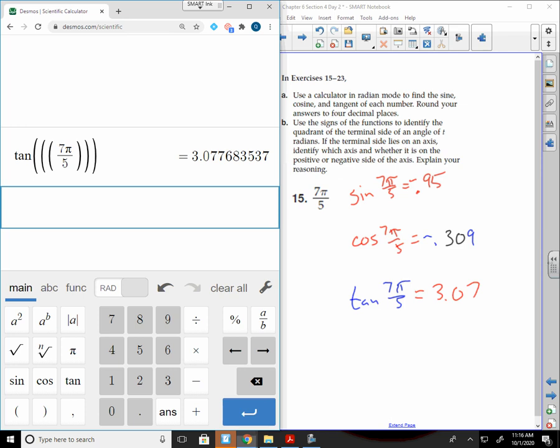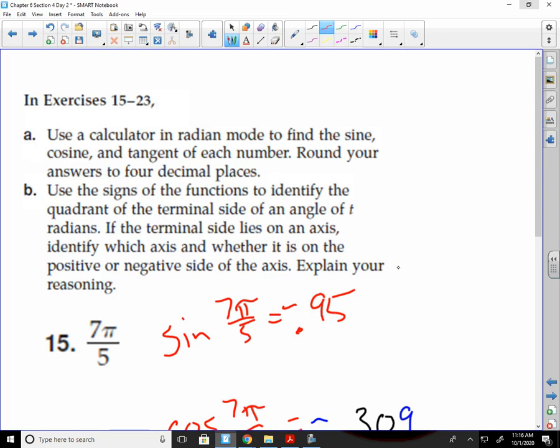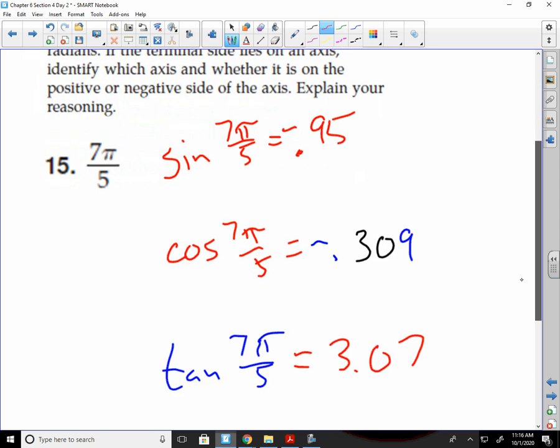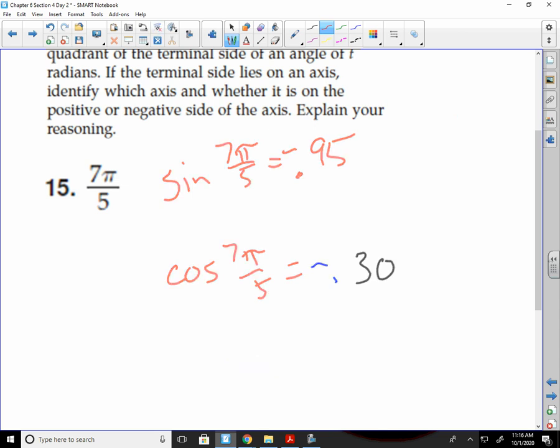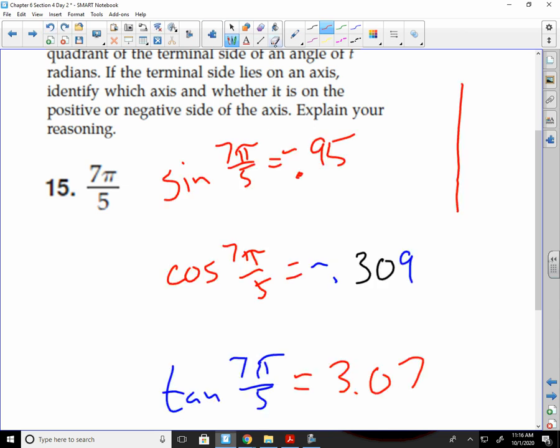So using what we know about the sine and the cosine, remember our sine is all the y values and our cosine is all the x values. So if I'm looking at the coordinate plane, the fact that my sine is negative 0.95 tells me it's all down here.